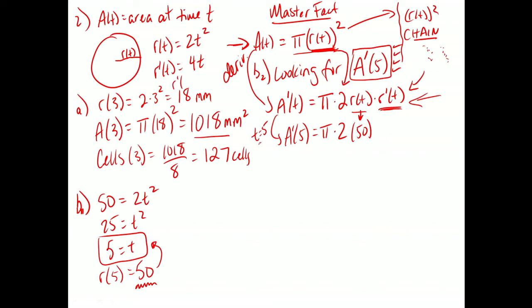Remember, I care about, right now, time 5. 20. Just plug in 5 for t. Oh, well, look at this. I now have a prime of 5, and those are all just numbers over there, right? In fact, it's what, 2,000 pi?